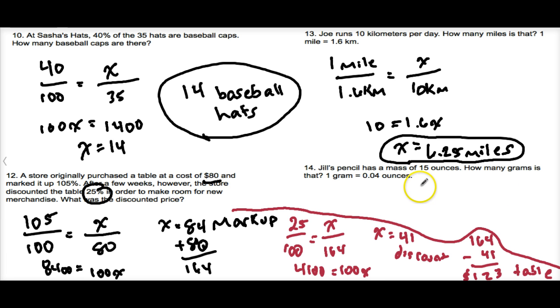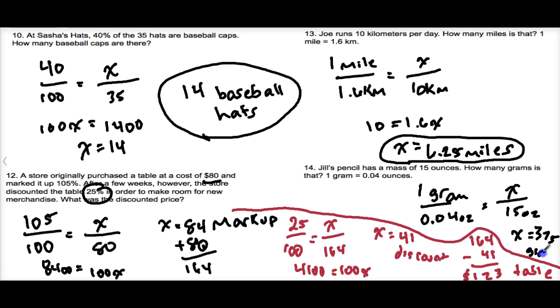So we know that 1 gram is equal to 0.04 ounces, and the pencil is already 15 ounces. So when we cross multiply, x is going to be equal, let's see here, to 375 grams. And again, not realistic. Sorry about that.